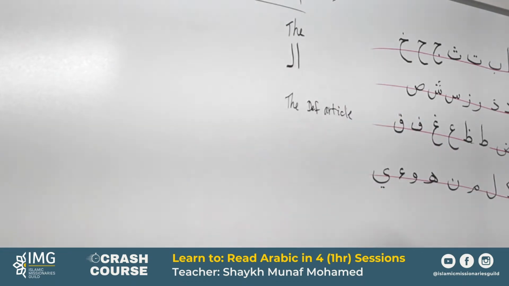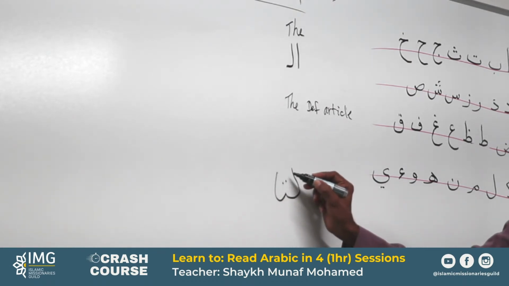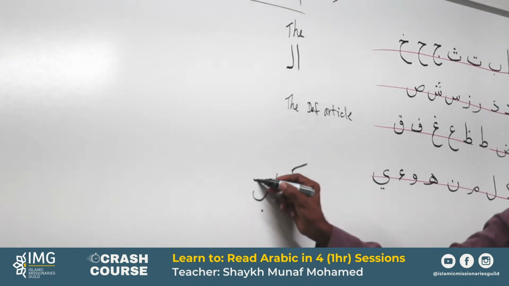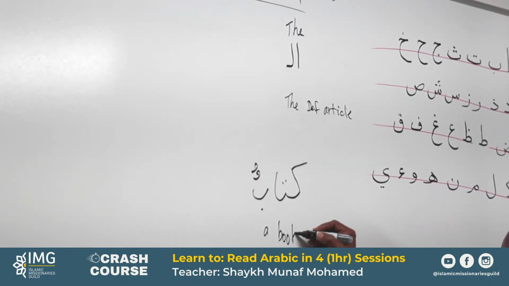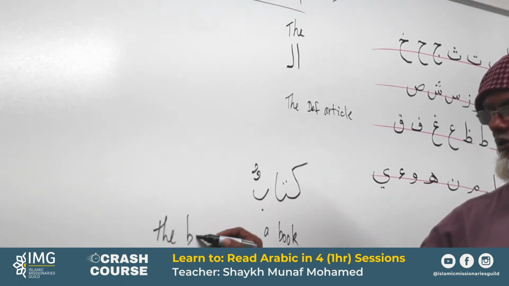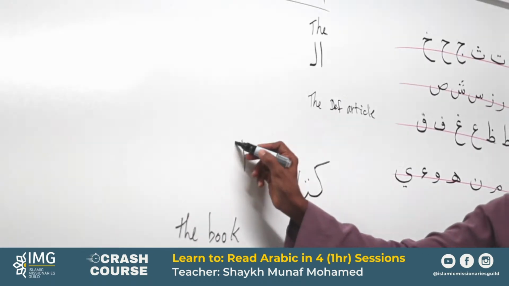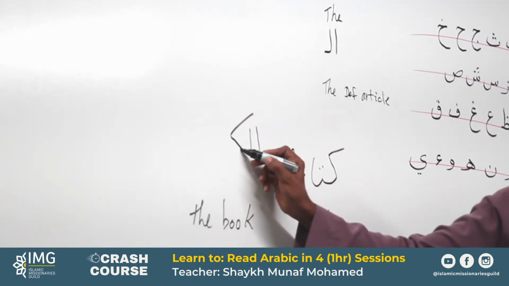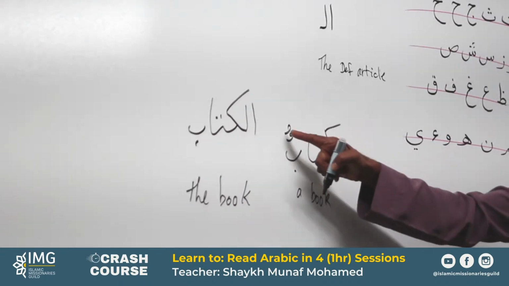So for example, if you have the word a book, which is kitabun, a book, and you want the book, you have an alif lam first, and then the word kitab. And it loses this tanween.